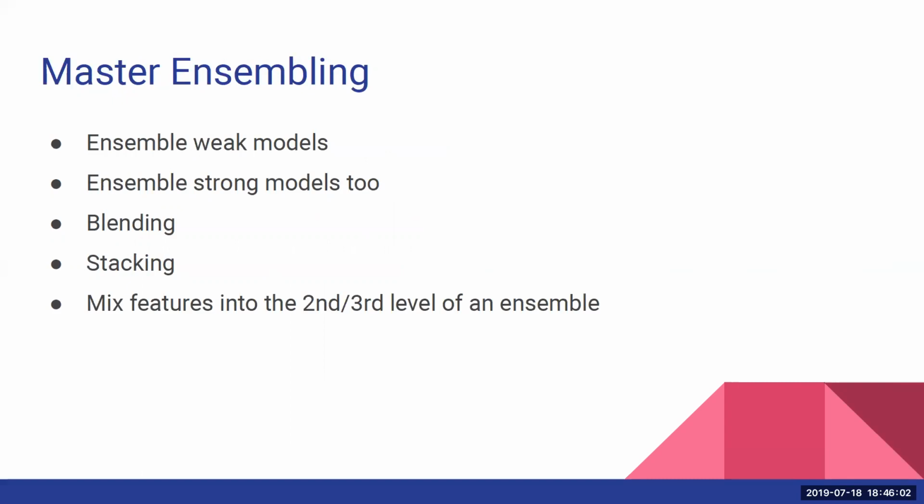Another thing you need to keep in mind is to start looking into ensembling and how to ensemble your solutions and your submissions properly. The very first and, well, probably not very obvious thing is that ensembling weak models works the best. That's basically the idea of ensembling.